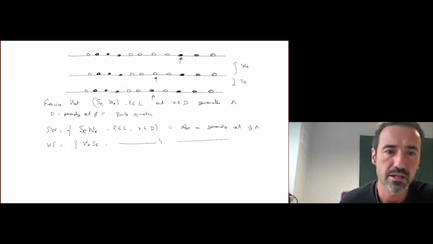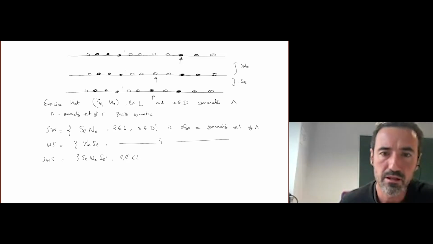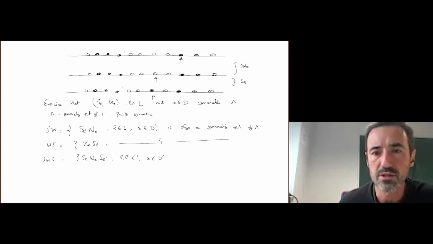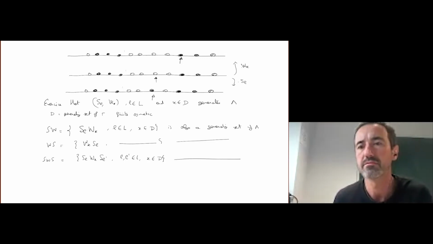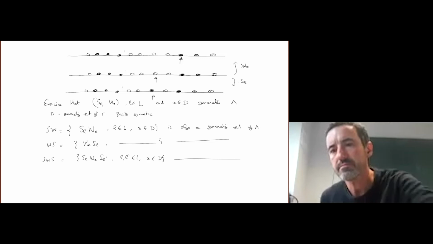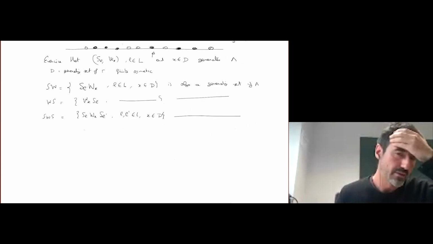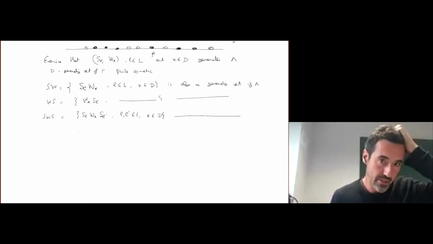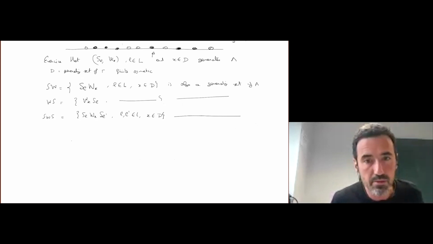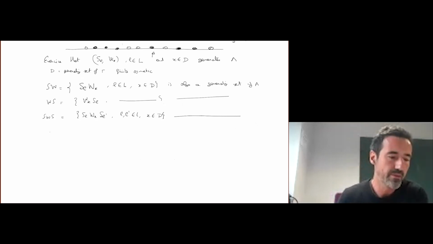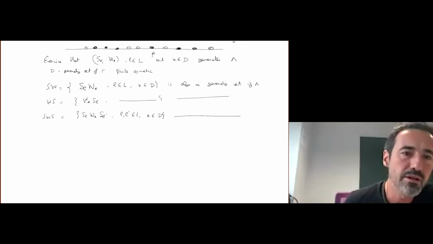It's also a generating set, which we call WS. And there is a third where you switch, you move, and you switch back, L' in L, x in D. It is also a generating set of Lambda. So these are the three generating sets of the Lamplighter group, which are going to be interesting for us.